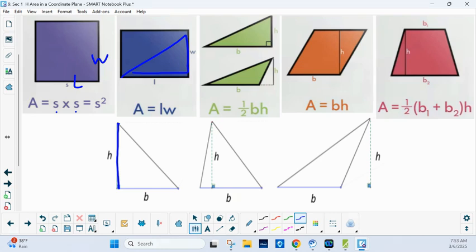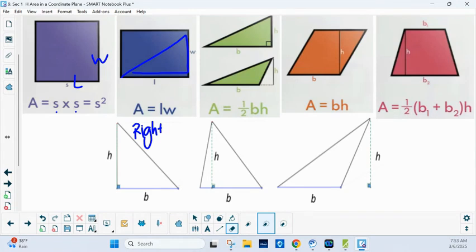So depending on the type of triangle it is, it depends on where your height will be. So on this one, we just put it's a right triangle because it has that right angle. So right triangles are nice because a height has to come down from a vertex to its base and make a right angle. So on a right triangle, you already have that happening. So the base can be the bottom and the height can be the leg, basically, that meets the base at a right angle. So that's always nice.